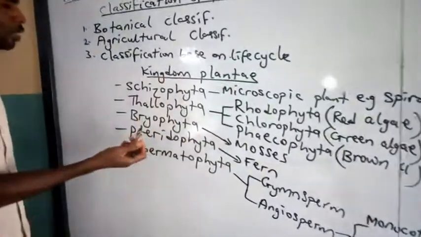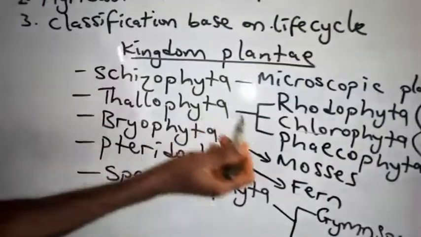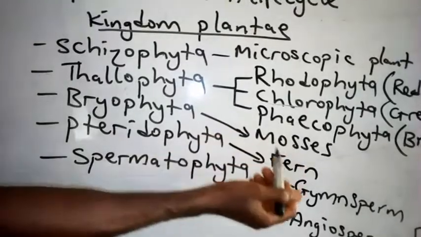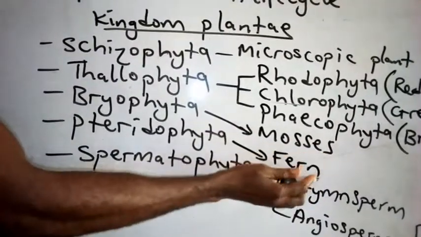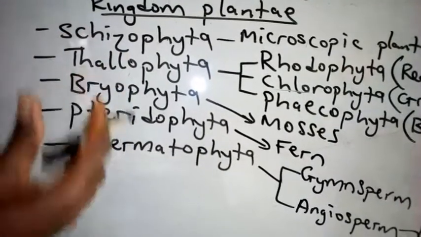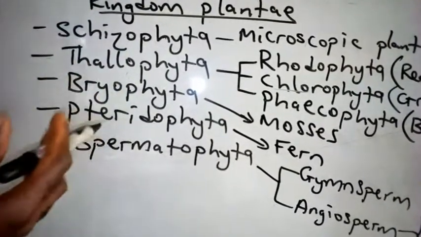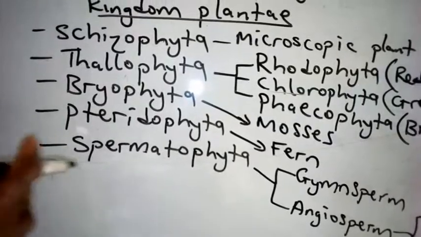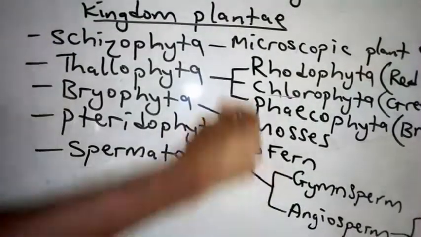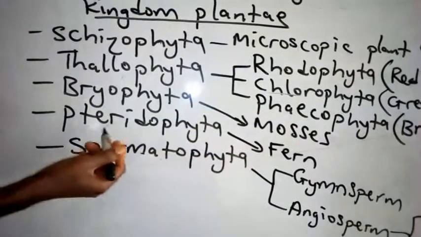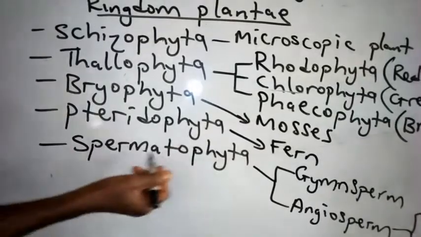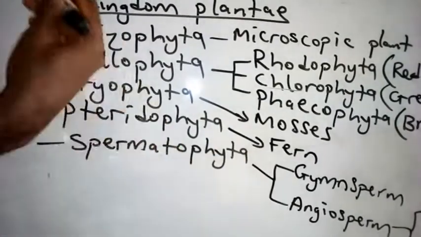Other classifications include the bryophyta. I've given you an example to be the mosses. Then we have the pteridophyta, which is the fern. I told you that ferns are plants that have leaves, but they cannot grow on their own, so they get their support from trees like the palm tree. You see them growing along the body of the palm tree. Then after the pteridophyta, we now have the true plants, which make up the spermatophyta.